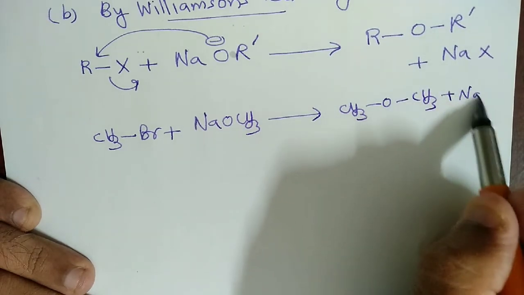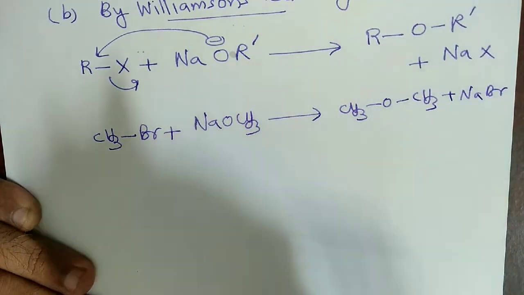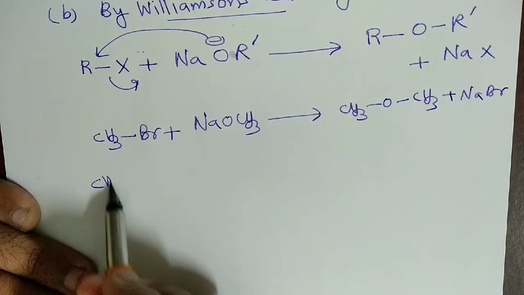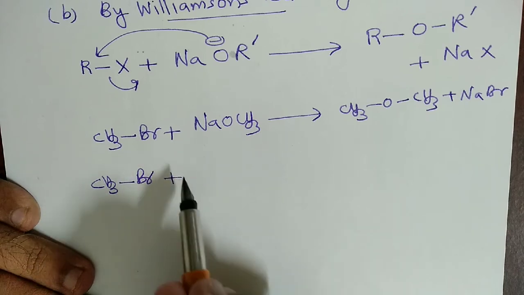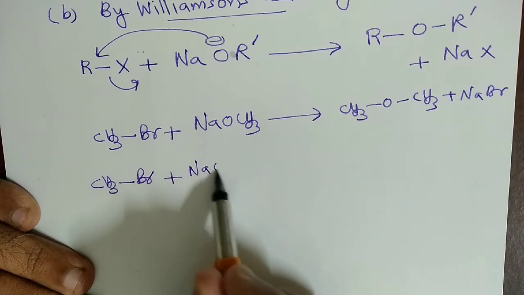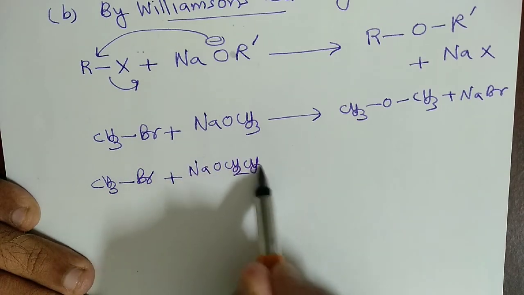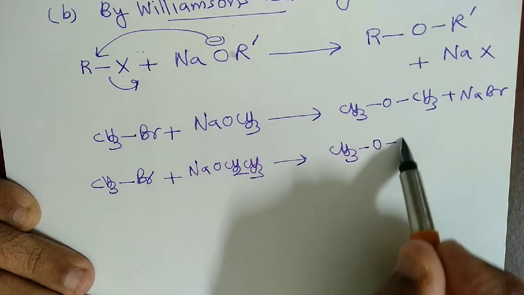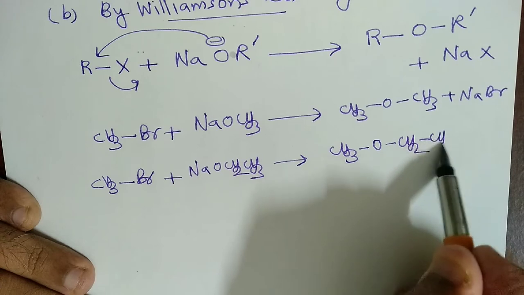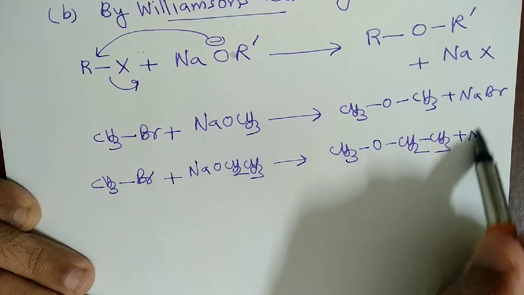It is a symmetrical ether. Methyl bromide on treating with sodium ethoxide gives methyl ethyl ether. It is an unsymmetrical ether.